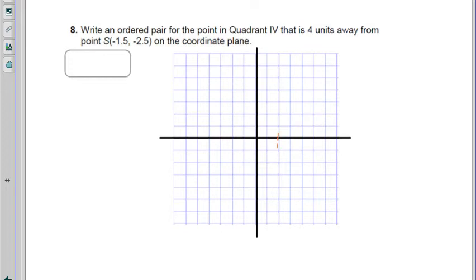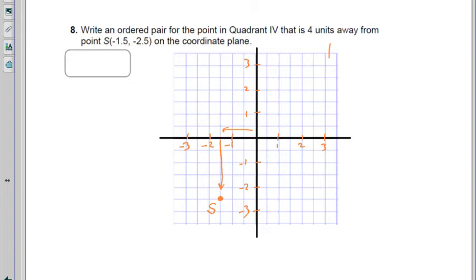So when I do that, I get a 1, 2, -2, -3. Now I got to plot point S, and it's at a -1 5/10, -2 5/10. So it should be right here, point S. Now they want a point that's 4 units away from S in the 4th quadrant.